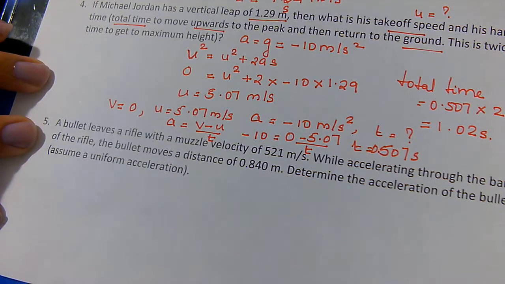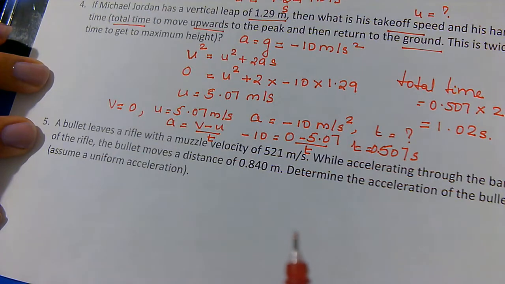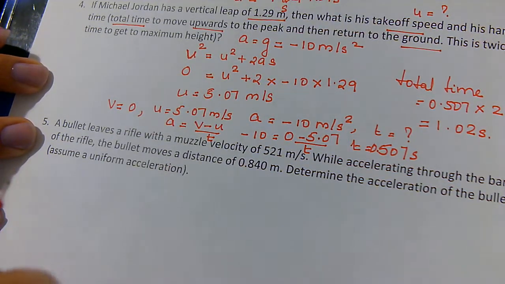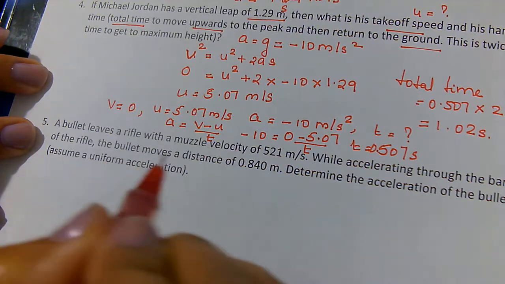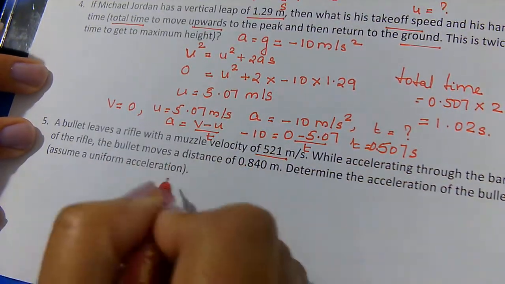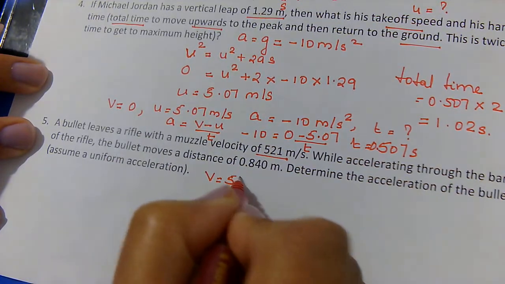A bullet leaves a rifle with a muzzle velocity of 521 meters per second. So the bullet is moving through the rifle and then it leaves the rifle at 521 meters per second. So this has to be our final speed.